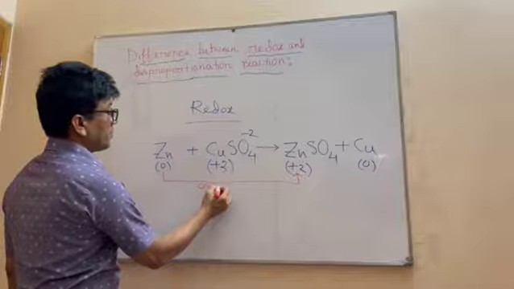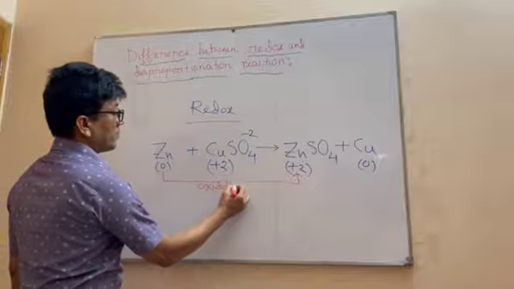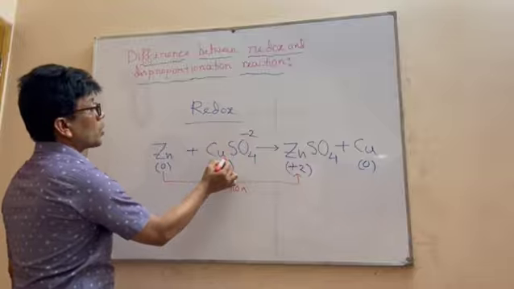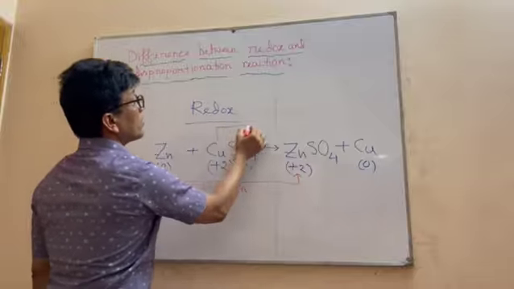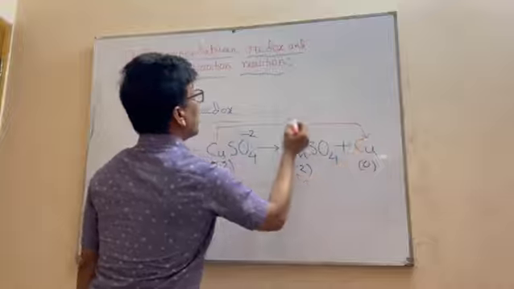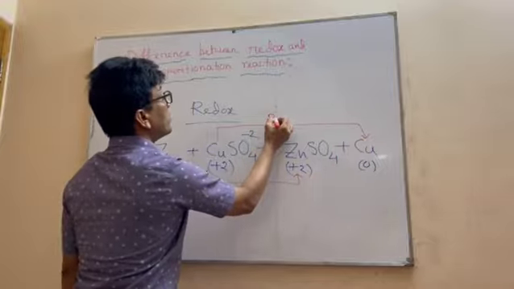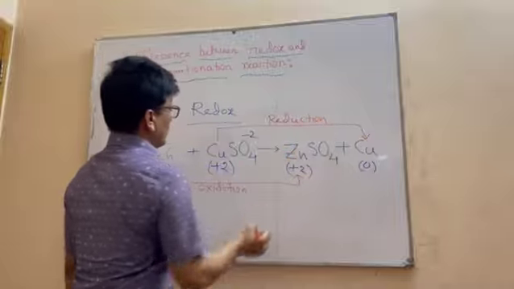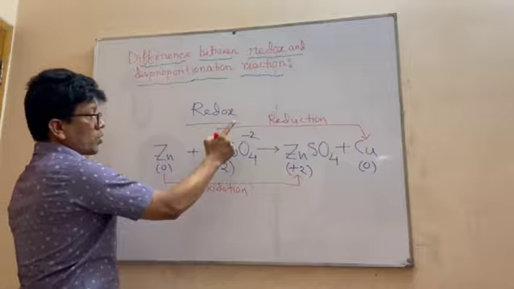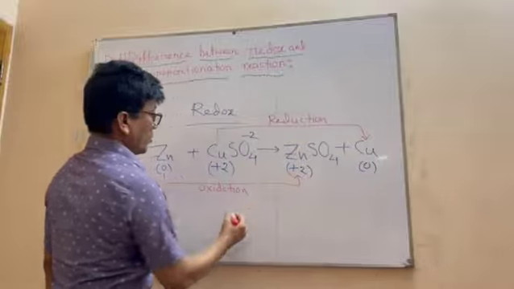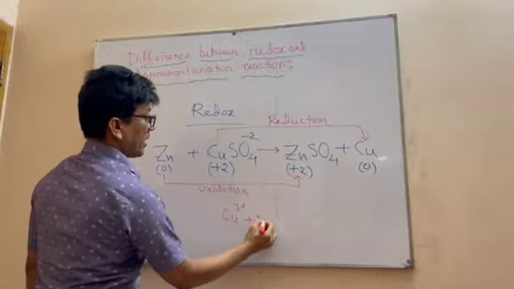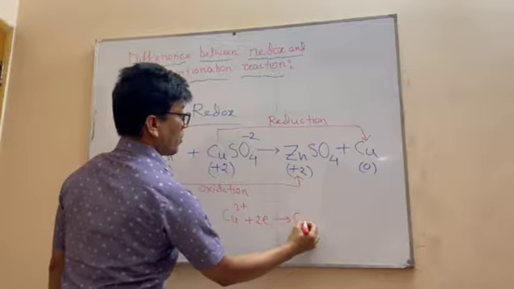Oxidation. This copper 2 ion goes to copper, reduction. Copper 2 ion gains electrons. Copper 2 ion gains 2 electrons to form copper.